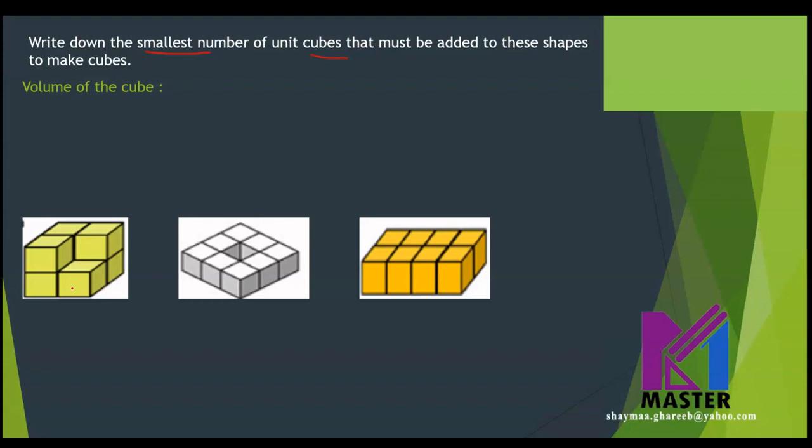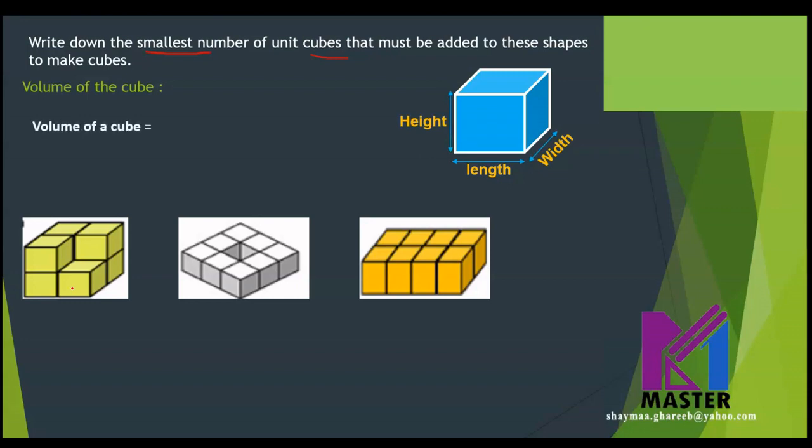I have to use the volume of the cube rule. Let's remember together the volume of the cube. Here it is, the cube. This is the length, this is the width, and this is the height of the cube. To calculate the volume of the cube, we multiply length times width times height.